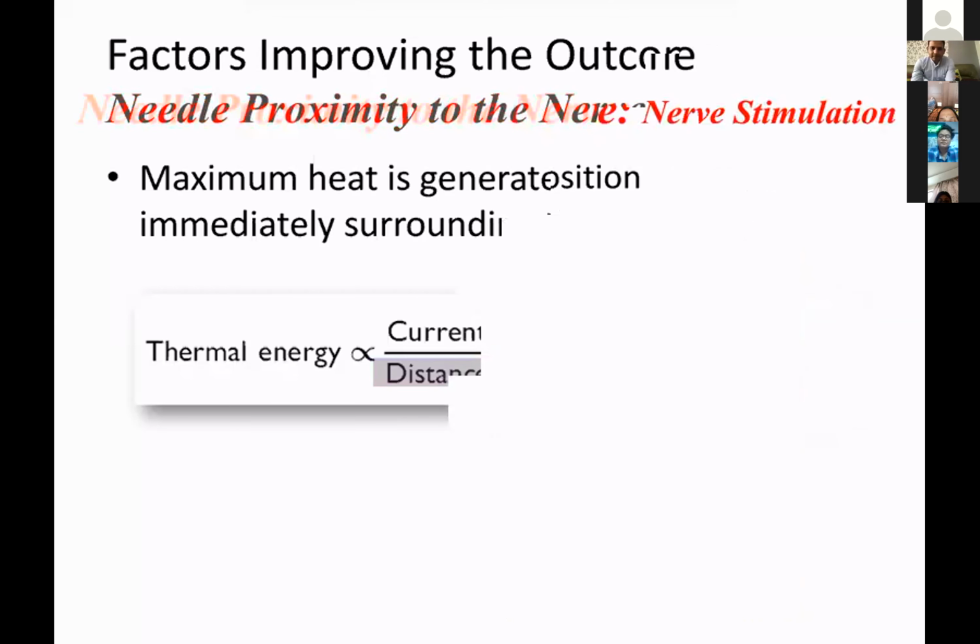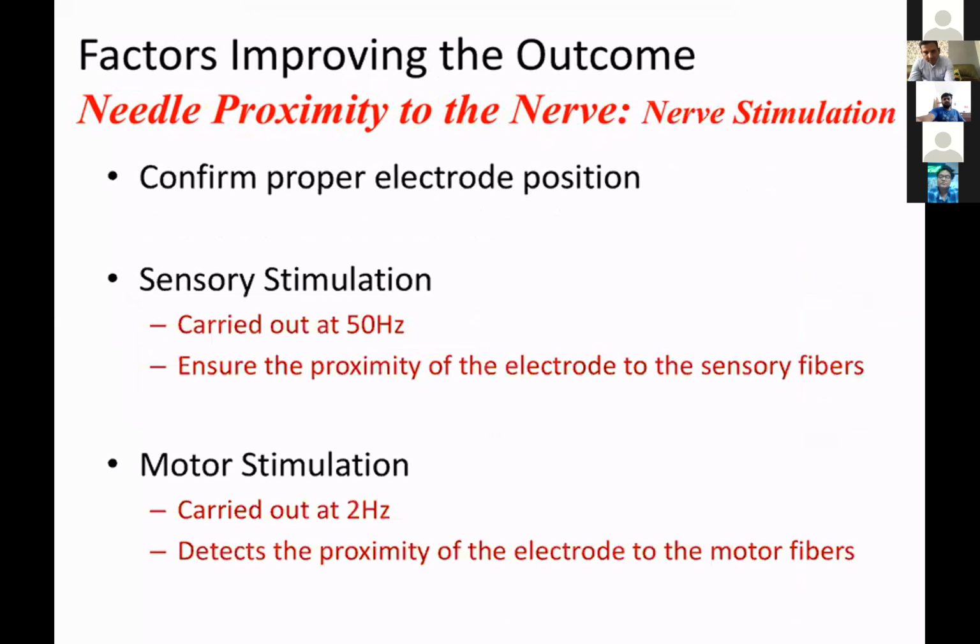Now, how do we assess the proximity of the needle to the nerve? We can assess it with the help of nerve stimulation, as we do in our routine OT procedures. With sensory and motor stimulation, one can assess the proximity of the needle to the sensory and motor fibers respectively.